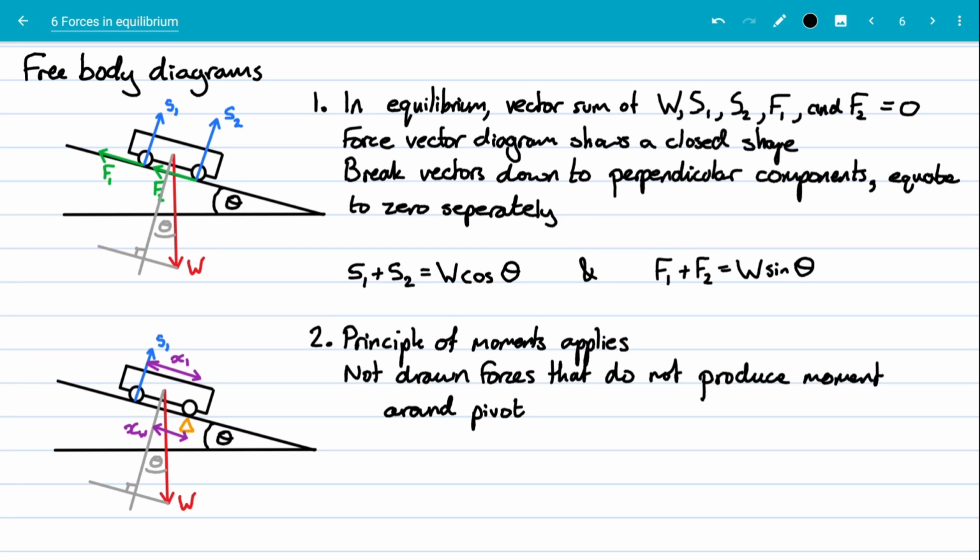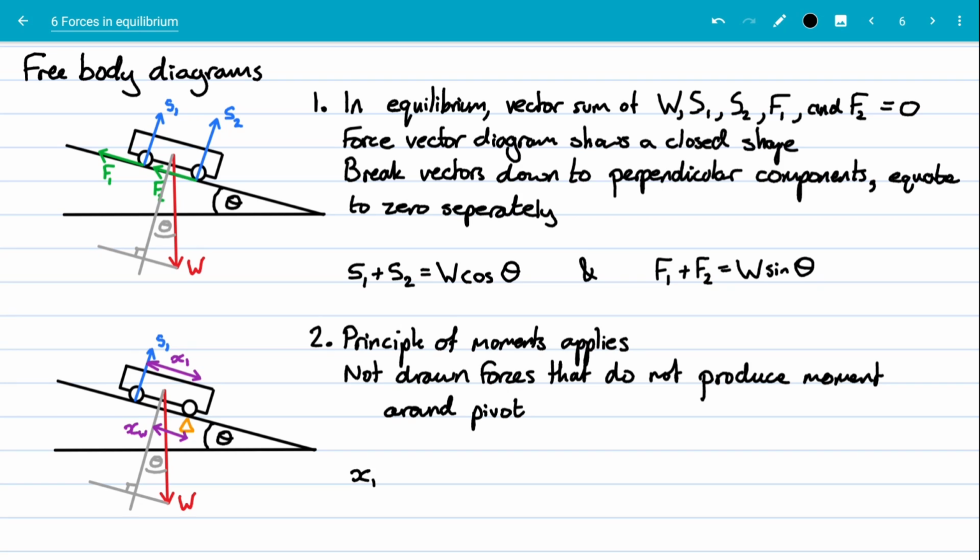So now we can say that the two different forces that are there are providing moments that are both going to be contributing to the resultant moment of 0.